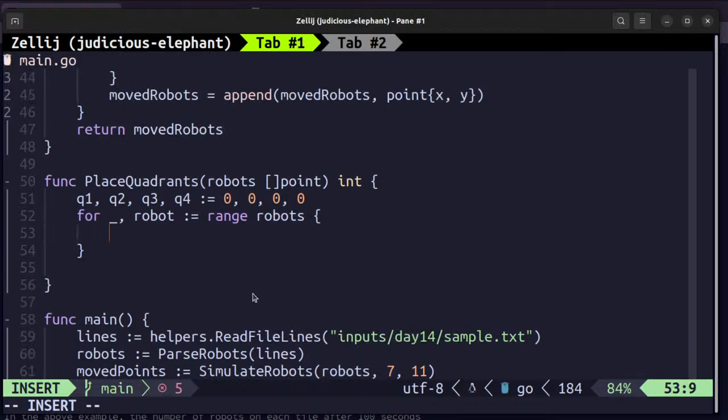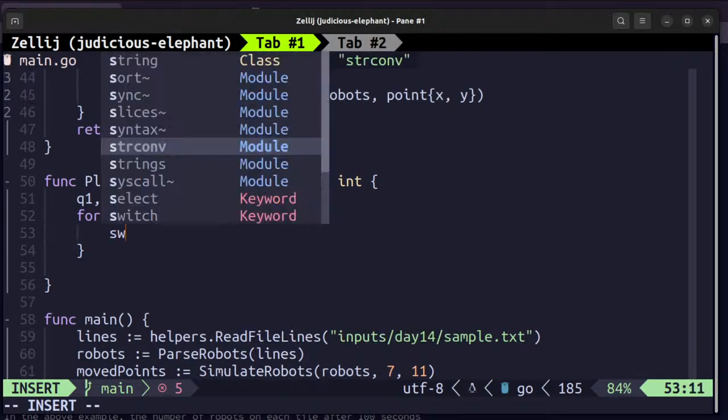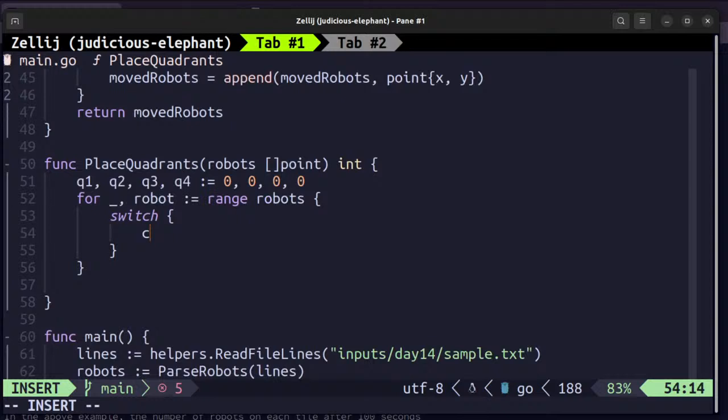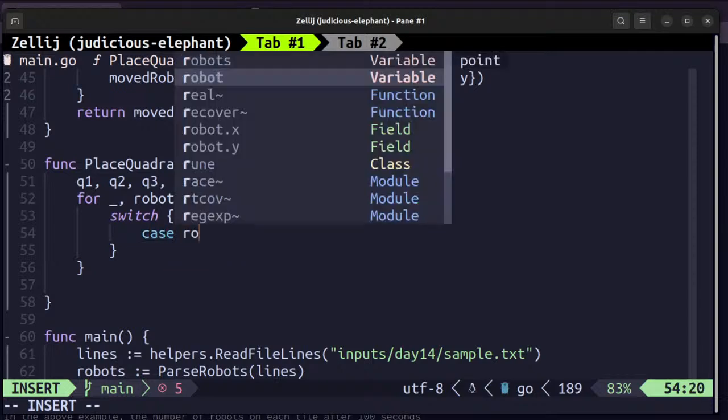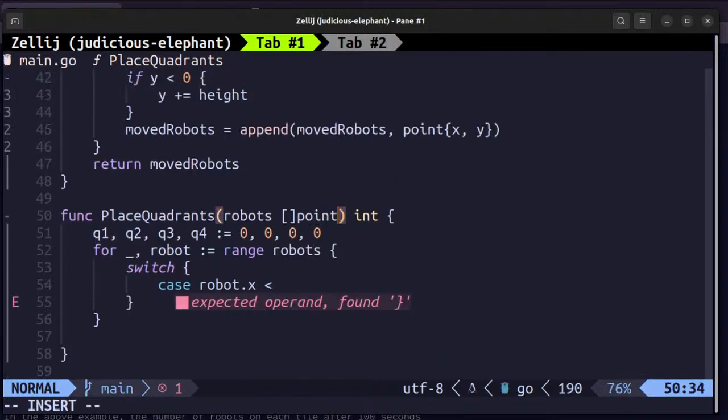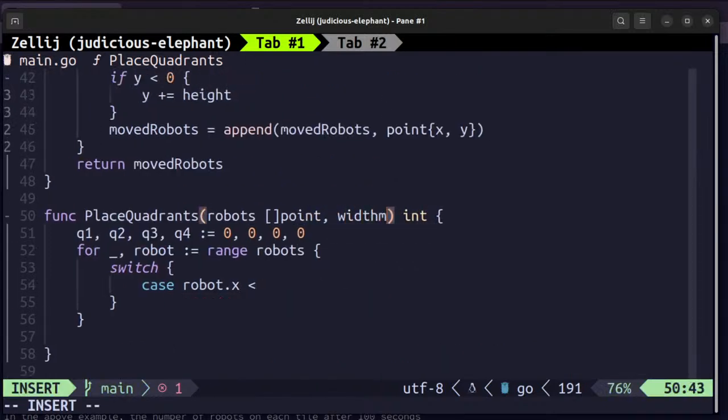now we need to check, let's switch case. I want to have one case where the robot x is less than, okay, we need to pass the boundaries, the width and the height as integers.